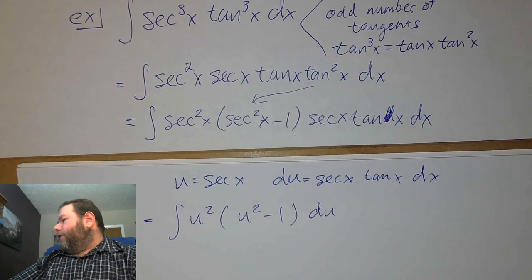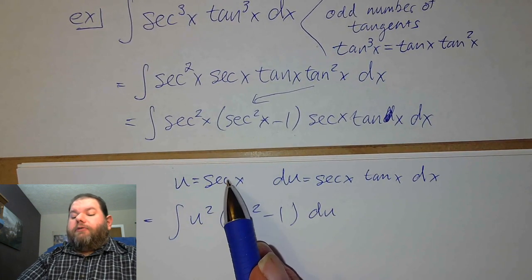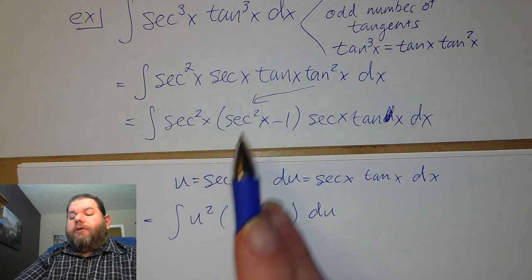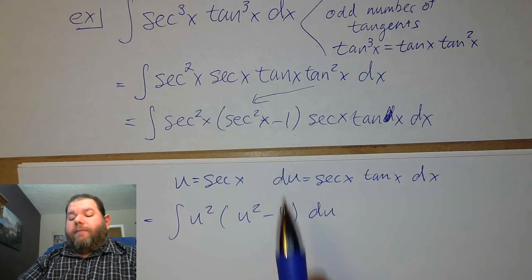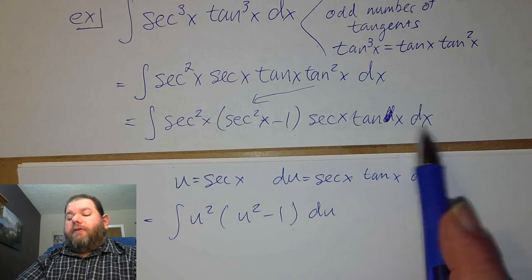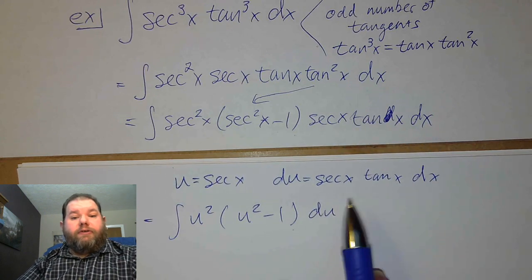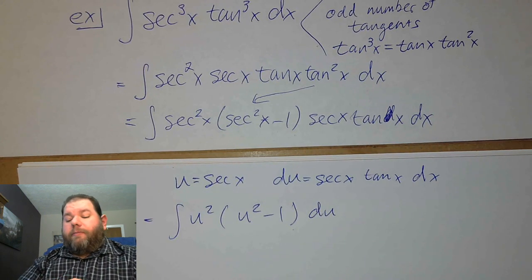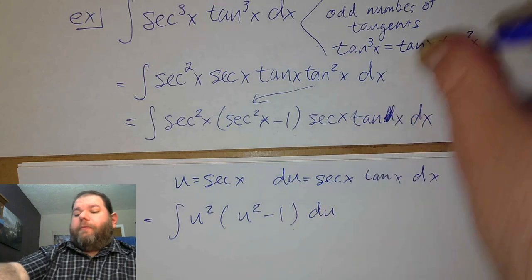And so that's exactly what we get. u is equal to secant, so this is now u squared. This is also u squared, and we have minus 1. And then the rest of this is just our du, because it's such a complex term.